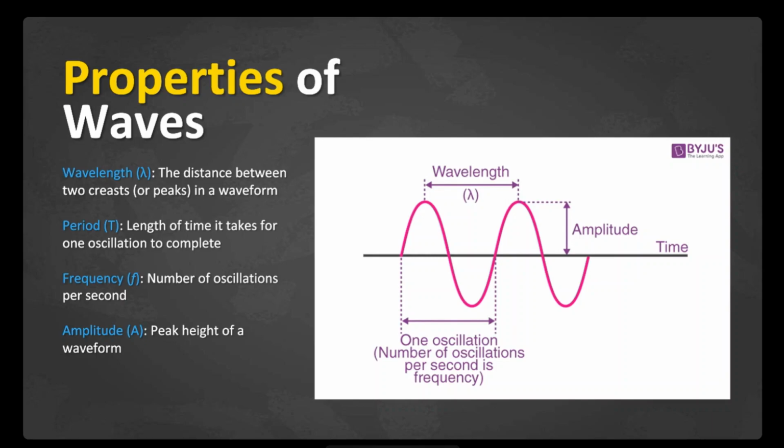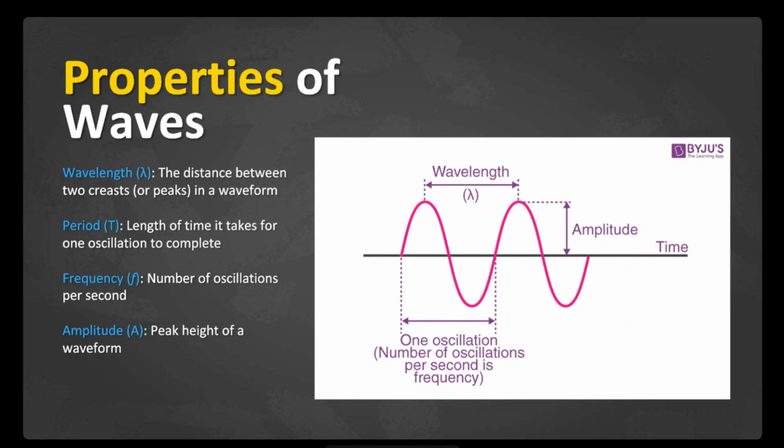We also have the period, the length of time it takes for one oscillation to complete. So from the beginning of one repetition of your wave to the start of your next repetition, how much time did that take? That's your period.